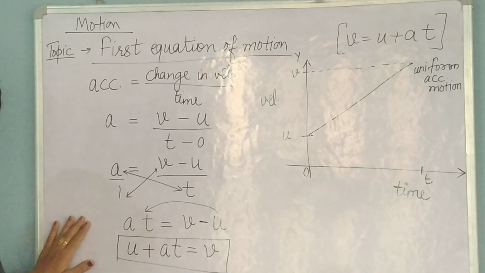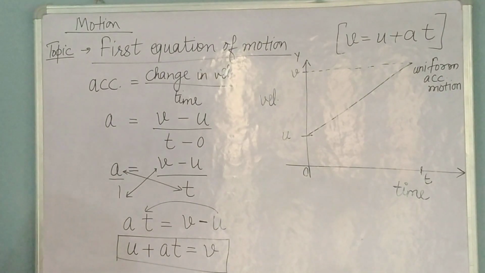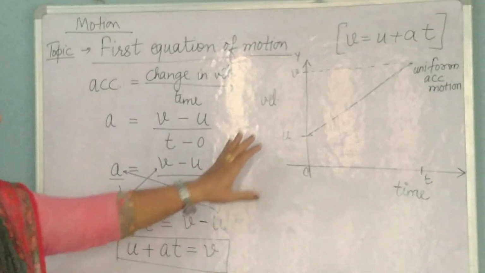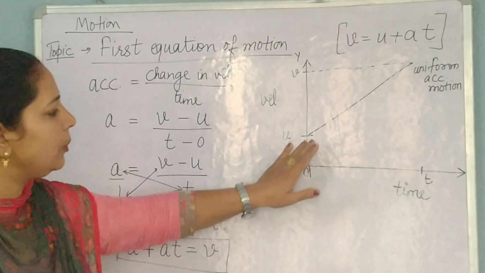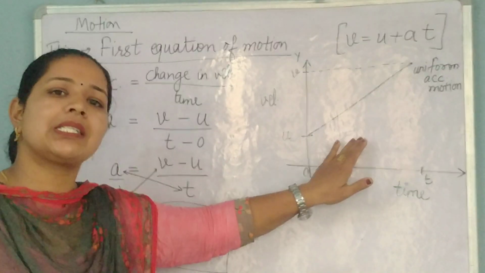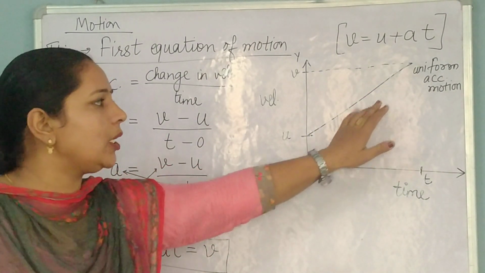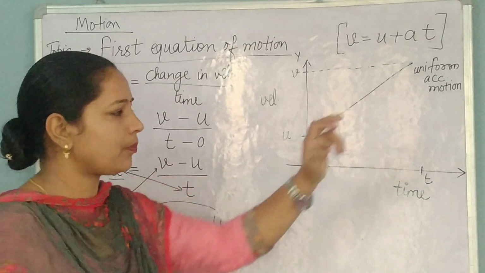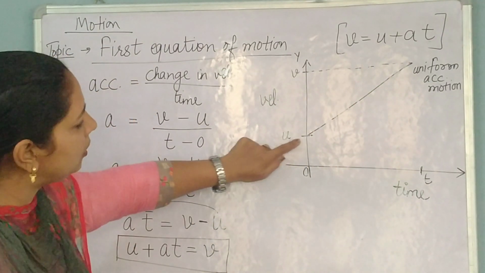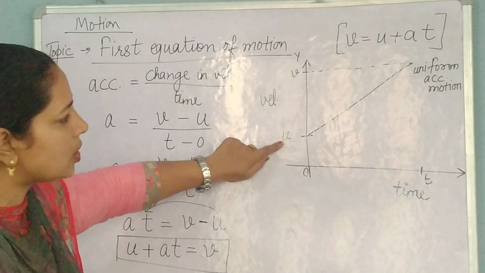Again I am repeating how we will derive this first equation of motion. Very firstly we will draw a velocity versus time graph and that will be a straight line. Why a straight line? Because a straight line represents uniform accelerated motion. Here we will mark the point u as initial velocity.